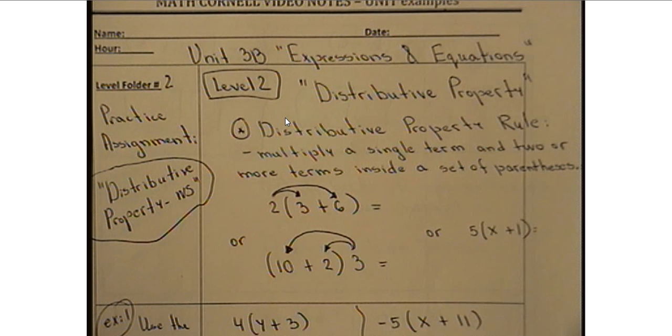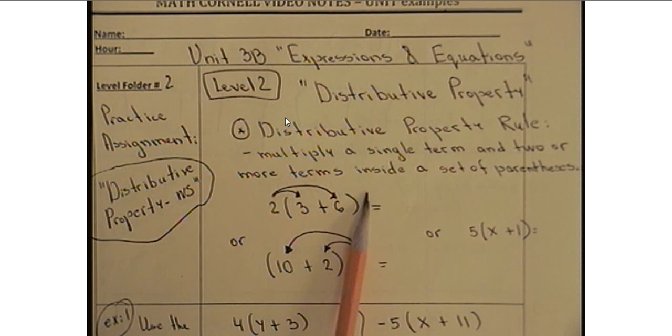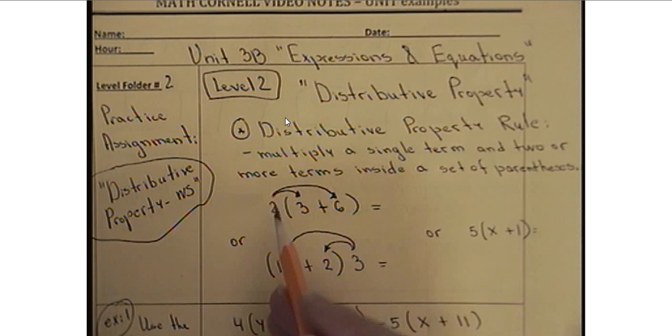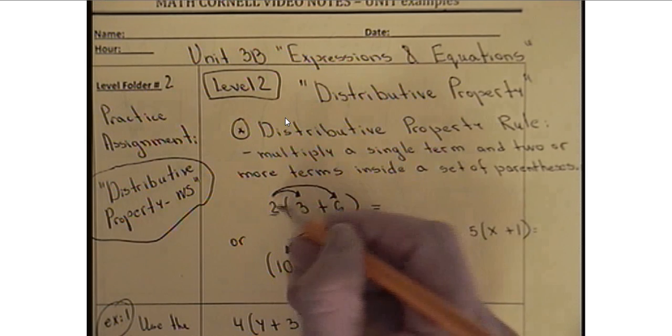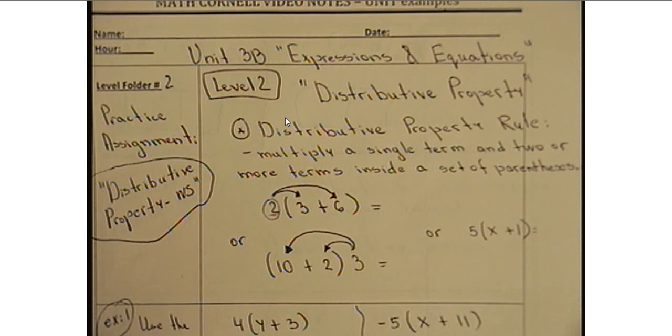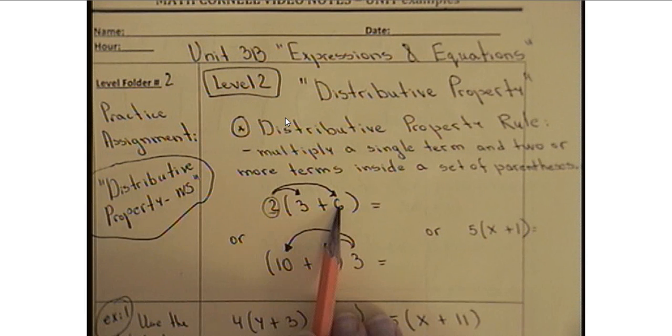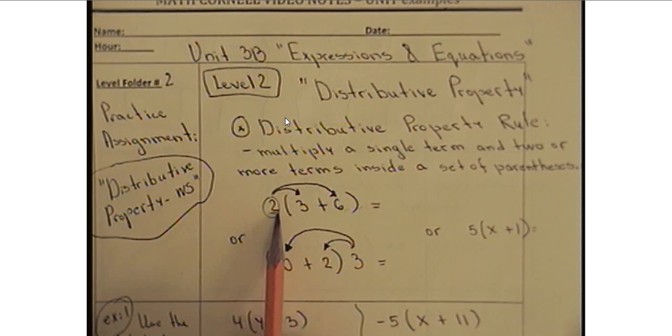So what does this rule say? You multiply the single term that is outside by each one of the terms that is inside the parentheses. Again, I'm repeating, you multiply the outside by each one inside.